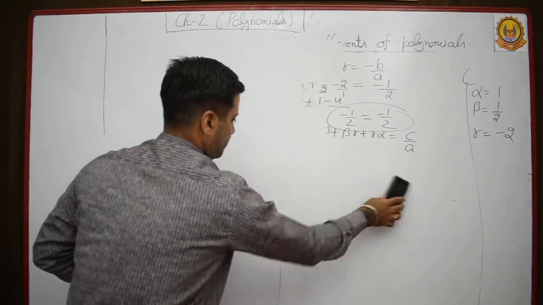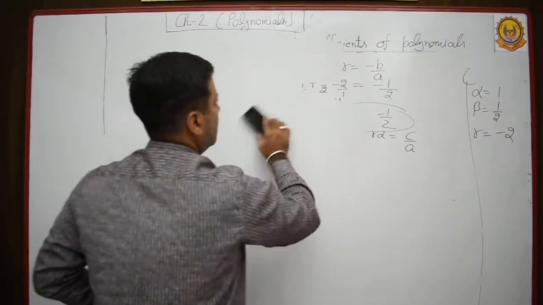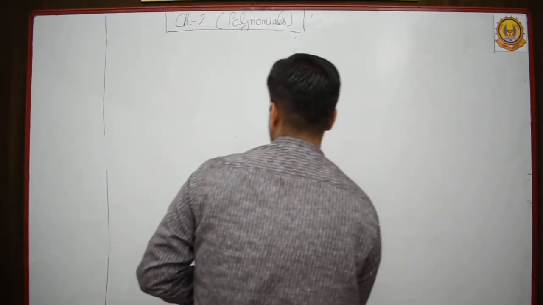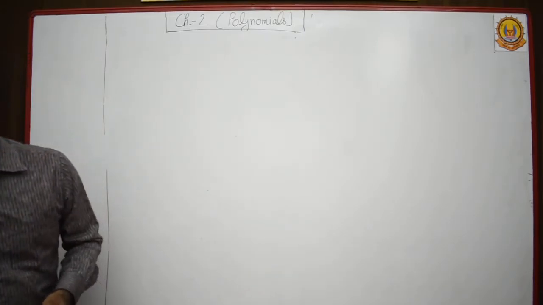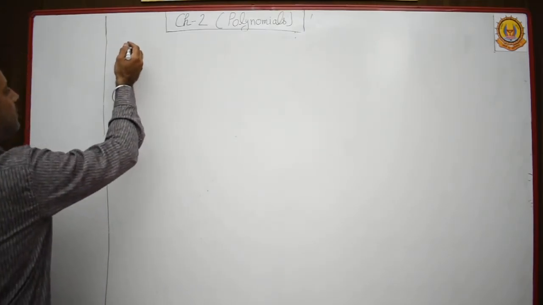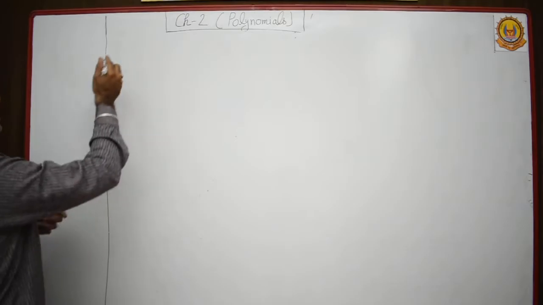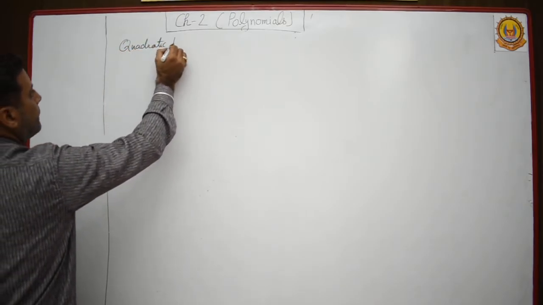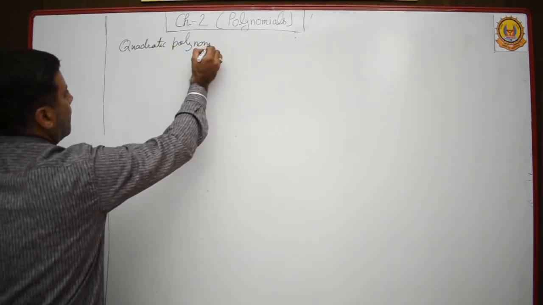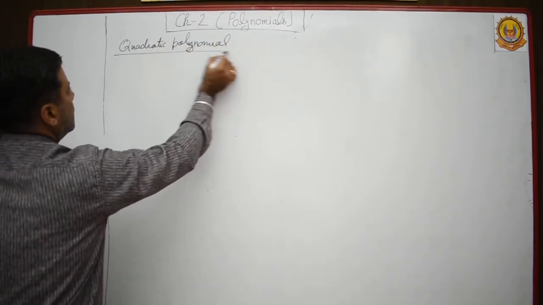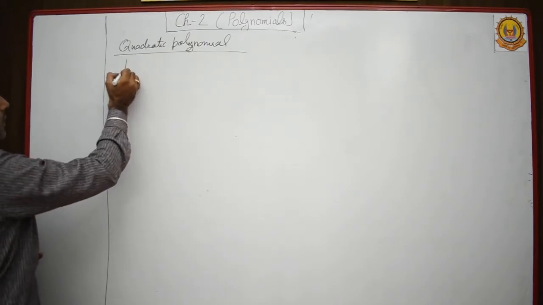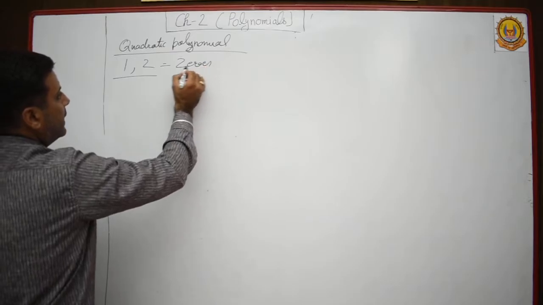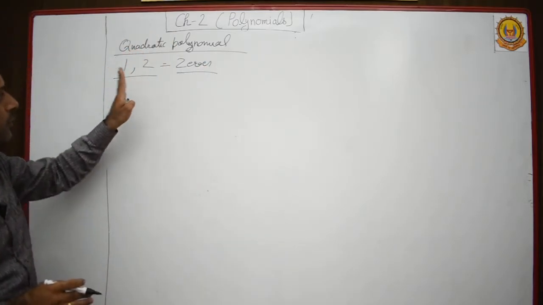Now the next question. Suppose you have the zeros of a polynomial given. Suppose, in a quadratic polynomial, you have zeros given, say 1 and 2, and you have to make the quadratic polynomial with the help of these zeros.